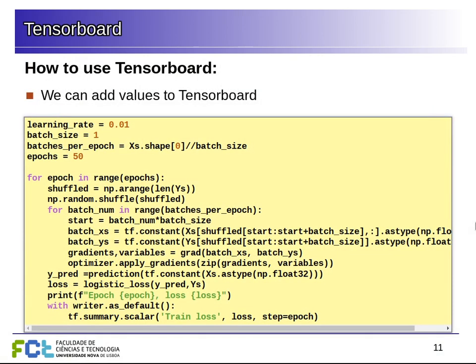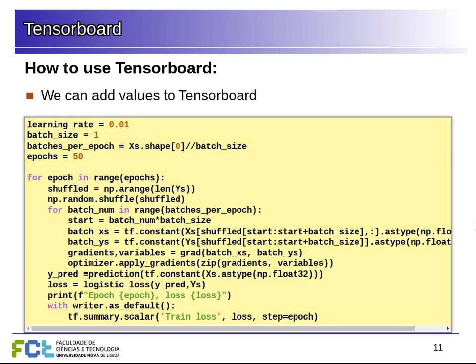And now we can also add values to Tensorboard as we run. So for each epoch, we are going to create here the batches of the features and the target labels. Note the difference here from last week. Last week we were using NumPy arrays here, but now we have everything set up to use tensors, so we create the tensors from the slices we are taking from our data.